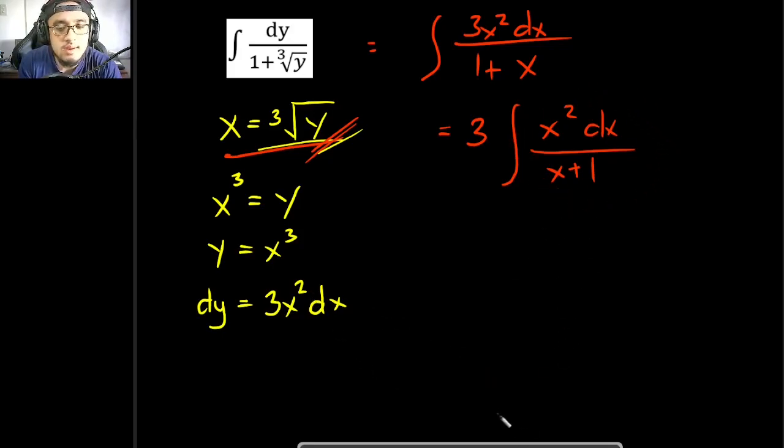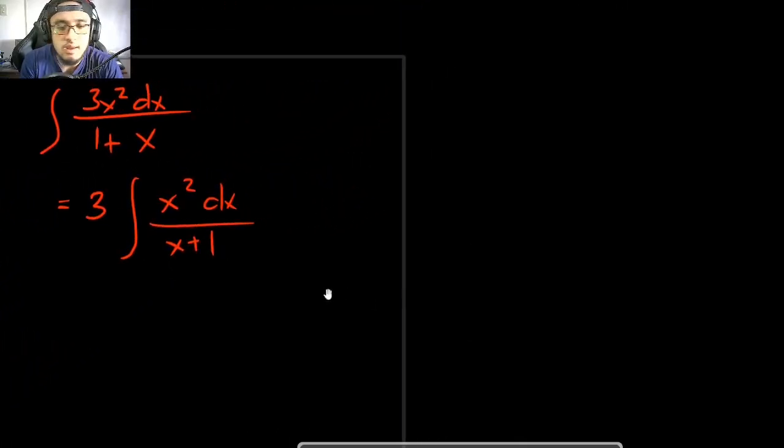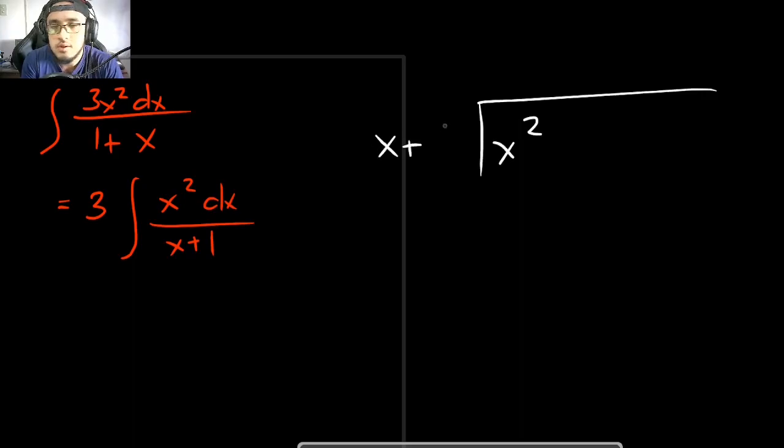Once again, this is a basic algebra topic. So using our long division, I would just be dividing it at this side right here. So x squared divided by x plus 1. What I would be doing here is dividing this by this part right here.